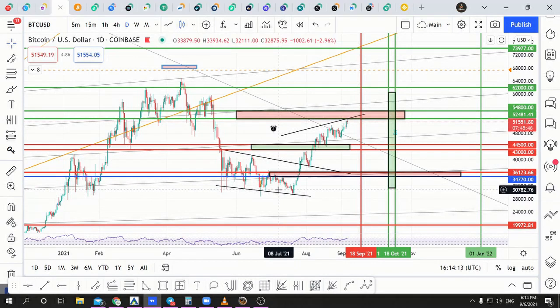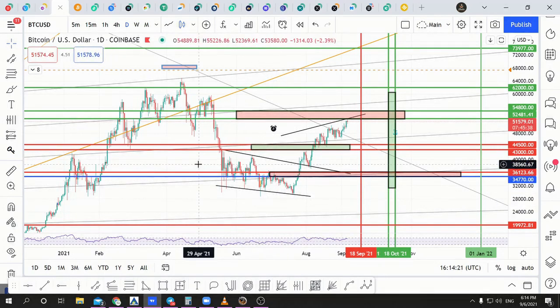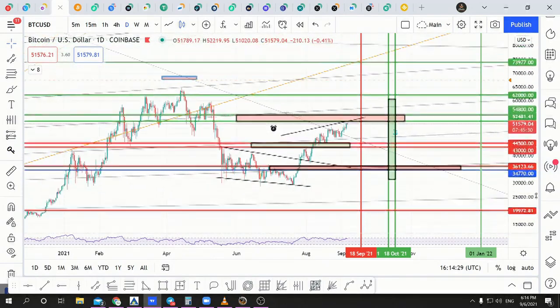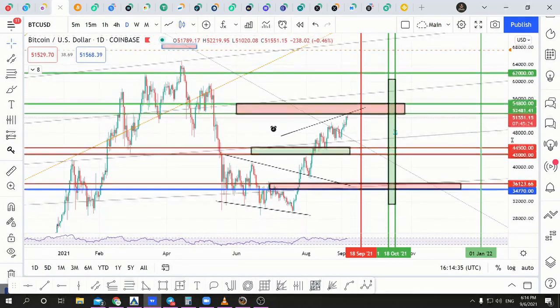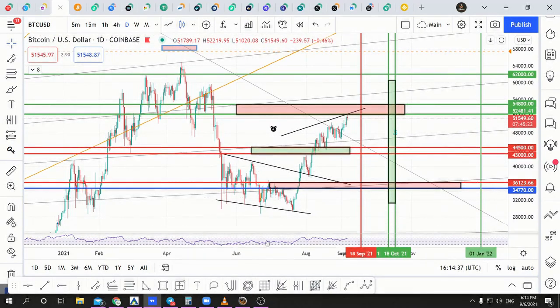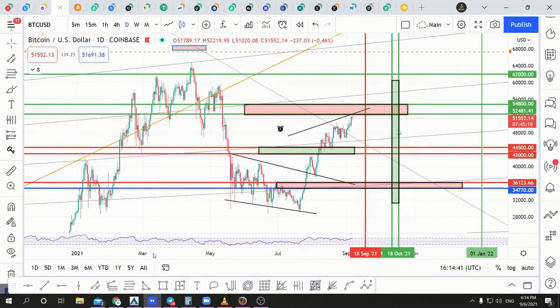Let's update this map for the Bitcoin, and of course you know that any chart, not only the Bitcoin, has two sides. It's the price side, which is here. It gives you the price of the asset, whether it's a Bitcoin or whatever it is, and you also have this axis, the time axis.